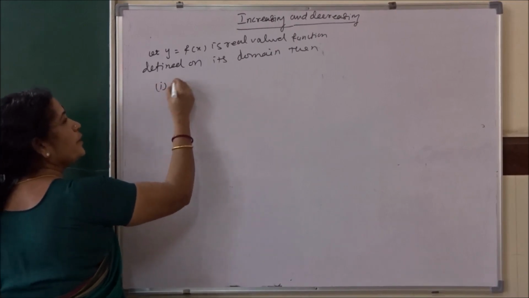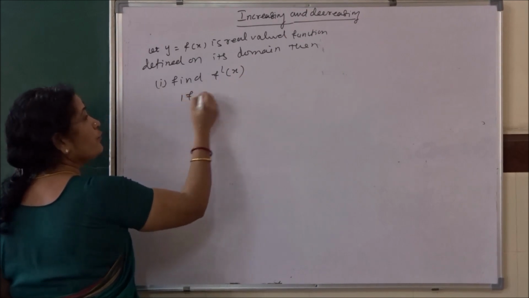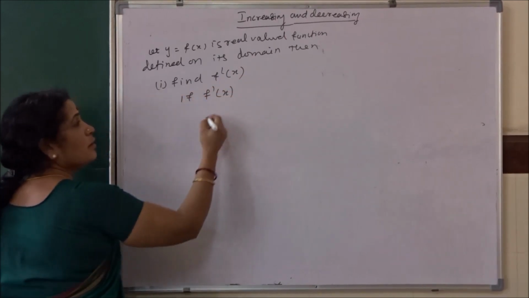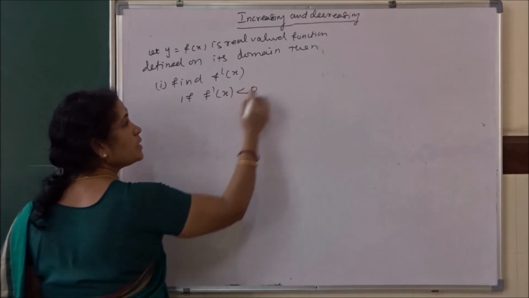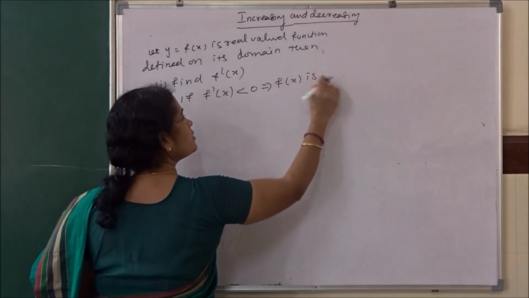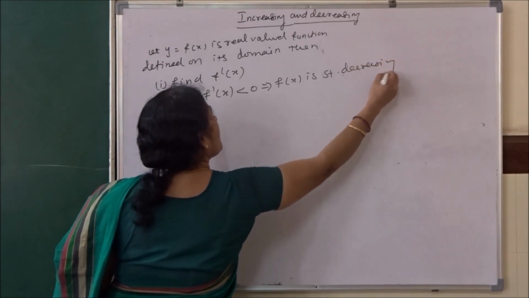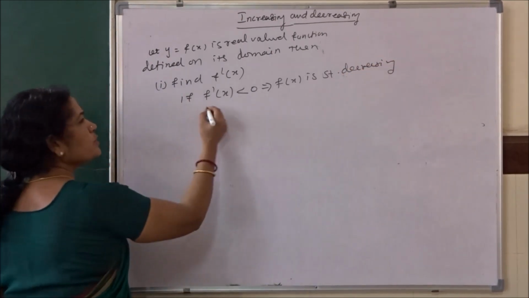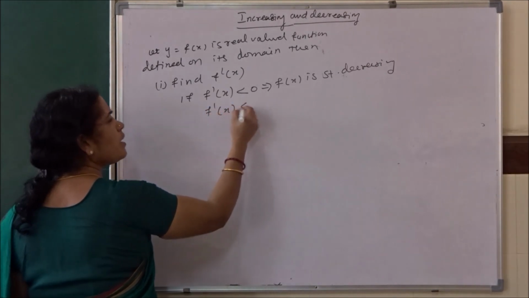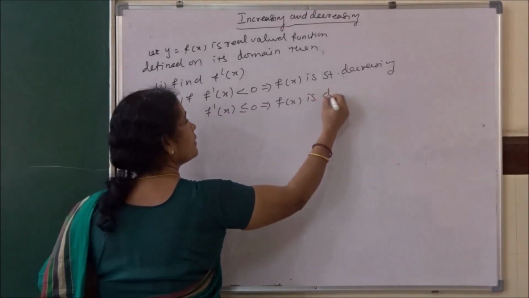Step number 1, find f dash of x. If f dash of x is strictly less than 0, this implies f of x is strictly decreasing. Suppose f dash of x is less than or equal to 0, we say simply f of x is a decreasing function.